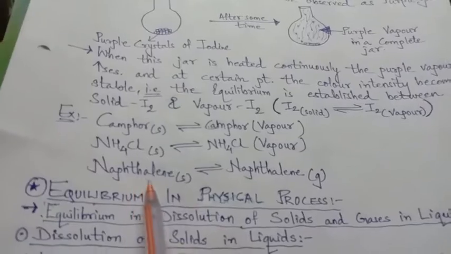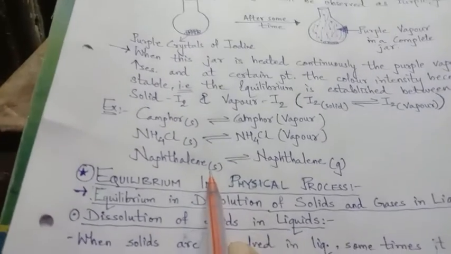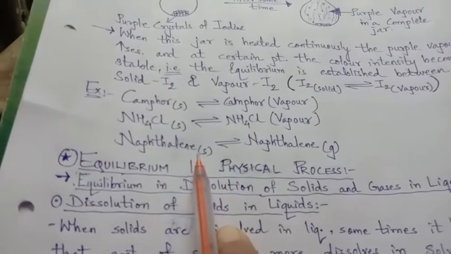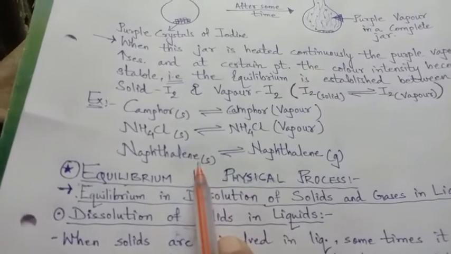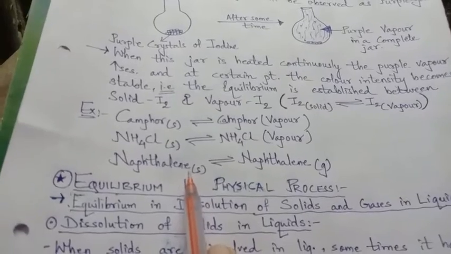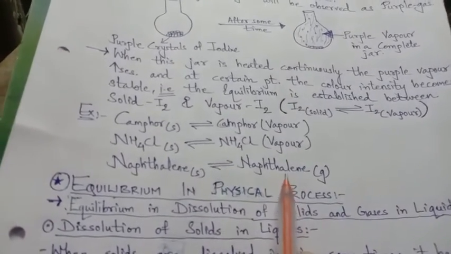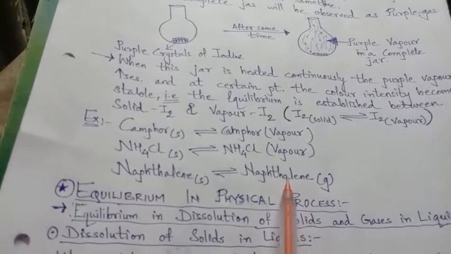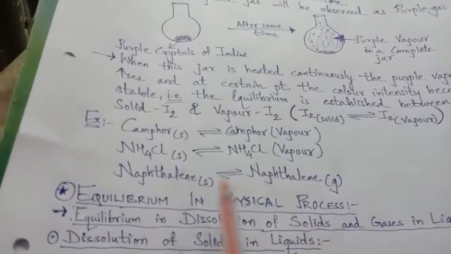The same thing you would have observed with naphthalene balls. Naphthalene balls are kept in a cupboard to protect woolen and silk cloth from silverfish insects. If your mom puts naphthalene balls in a cupboard, and after a month or two you observe those balls again, the size would have reduced to very small balls, or sometimes you may not find the balls at all.